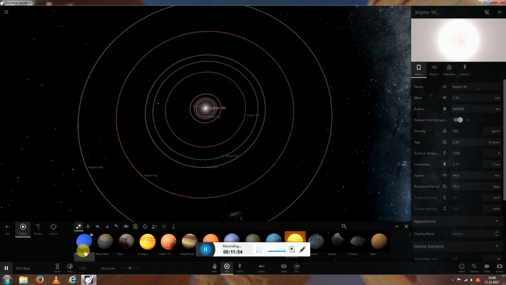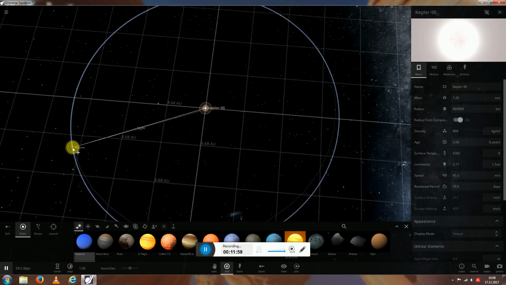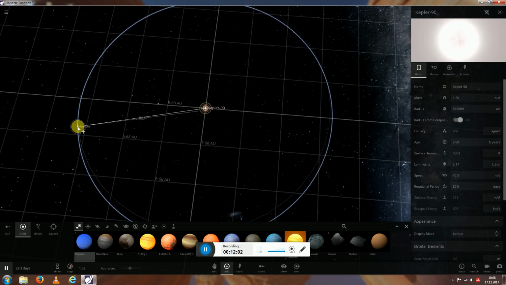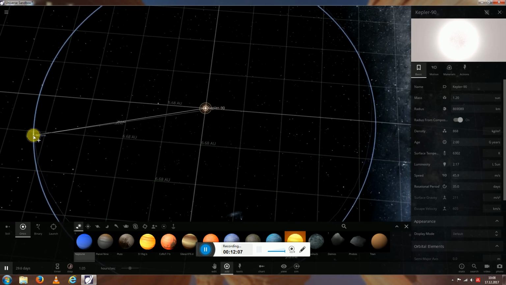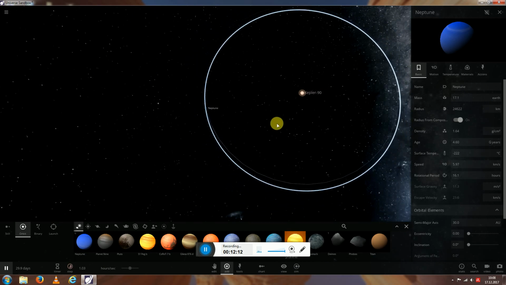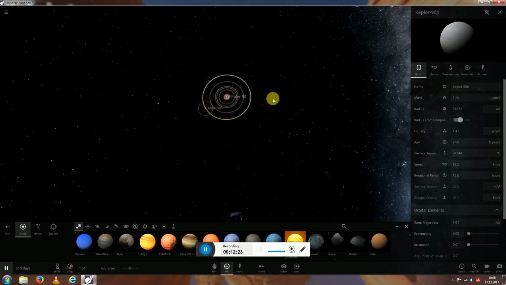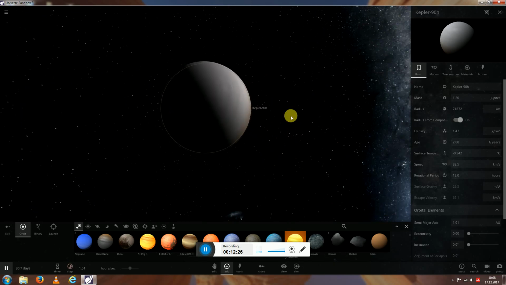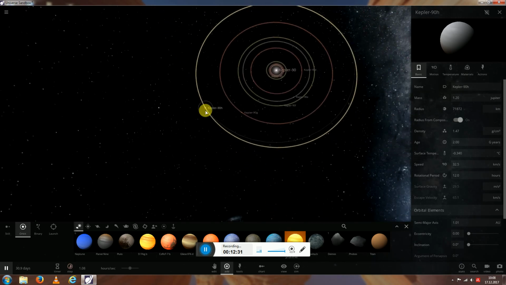Let me just give you a quick comparison of just how big our system is. Let me get the distance right. Now, as you can see, Neptune's orbit is way out over here, while Kepler 90H is way over here.